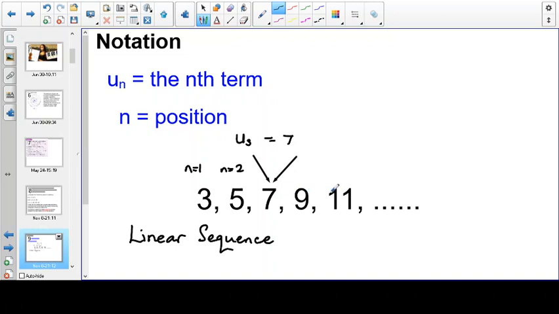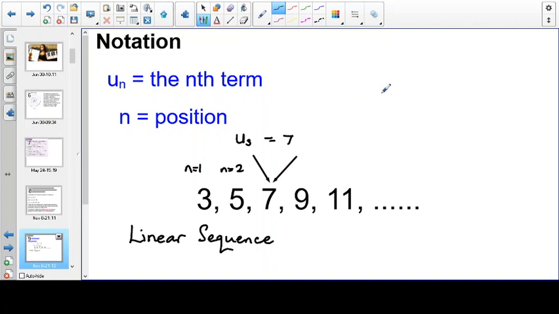So it's increasing by a constant, and in this instance, the constant is 2. Now you also know that because you have a linear sequence, you can write down a rule that connects the position that the number is in with each term in the sequence, and that is the nth term.